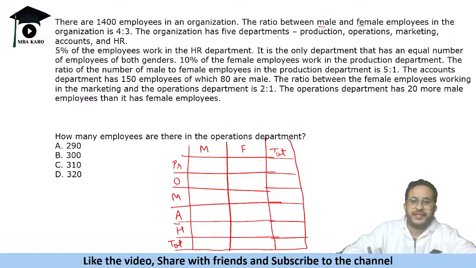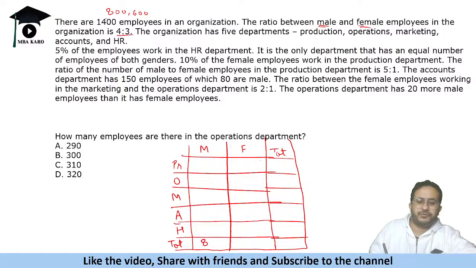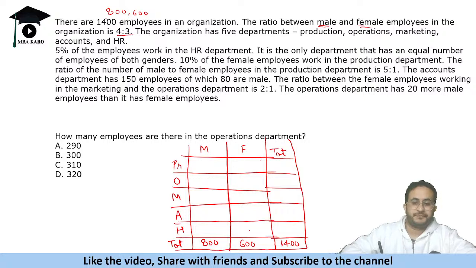So it says that ratio between male and female is 4:3. So out of 1400, 800 and 600 will be the number of male and female employees. Okay. So it says 5% of the employees work in the HR department. So 5% of 1400 is 700. Like, sorry, 70.